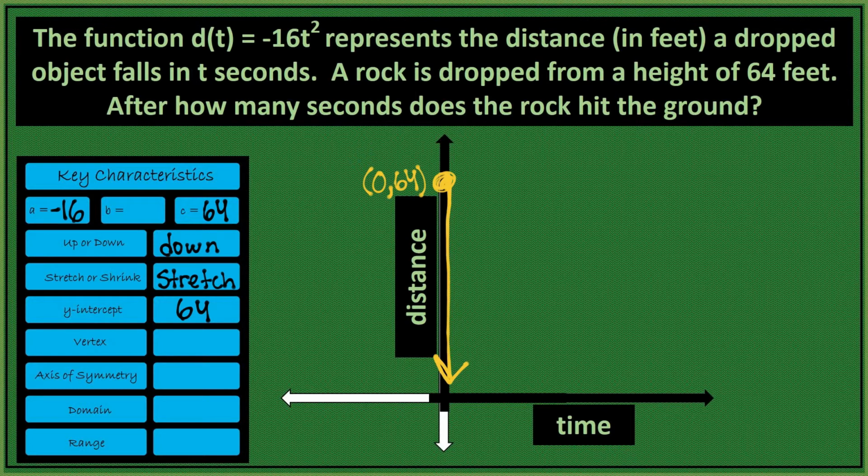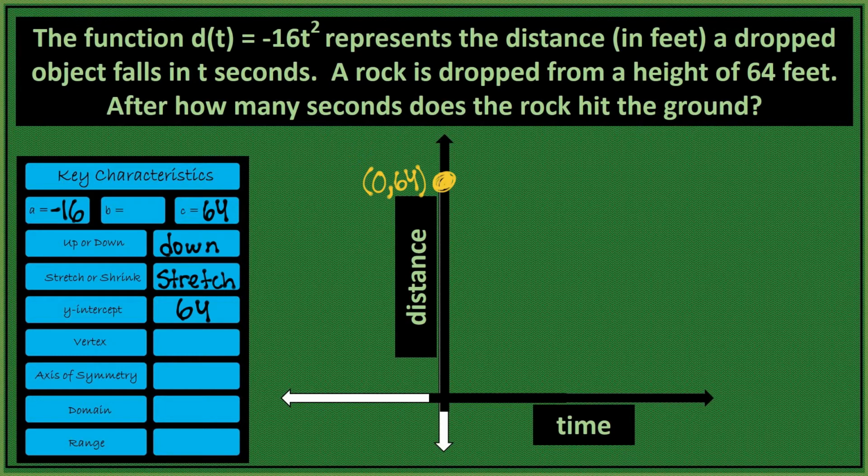But that would mean the rock fell to the ground with no time passing on the x-axis. So the reality of a falling object is that it gets faster and faster and faster the closer it gets to the ground. So it will be moving the slowest at the top, and then the line will turn into a more straight down line as we go.